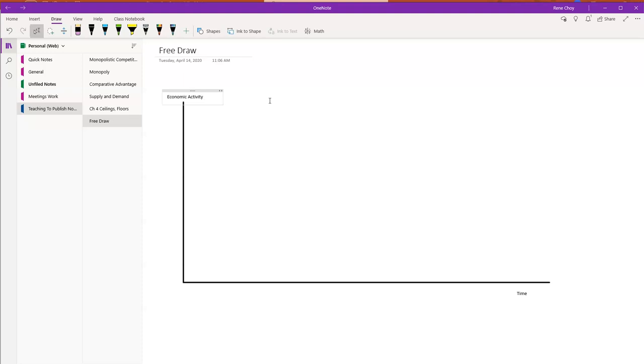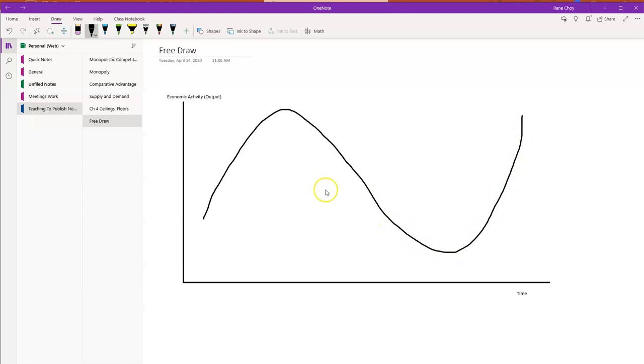So we can talk about output here instead, or changes in output. How does it look? Well, it looks like an up and down sort of thing. Whenever we're on the upside and economic activity is increasing, we call that period an expansion.